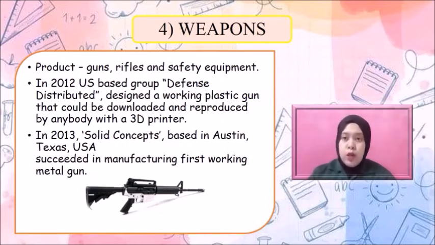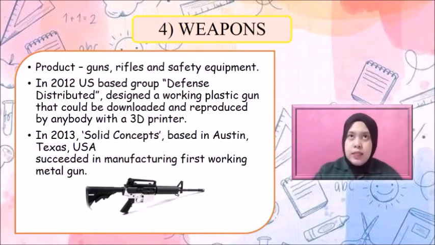In 2012, the US-based group Defense Distributed designed a working plastic gun that could be downloaded and reproduced by anybody with a 3D printer. In 2013, Solid Concepts, based in Austin, Texas, USA, succeeded in manufacturing the first working metal gun.